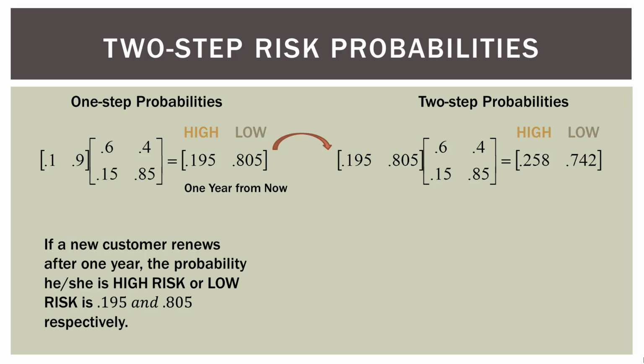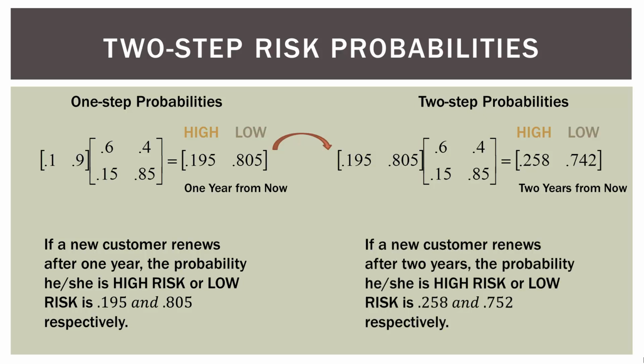So all we did, we took our solution from the one step, we multiplied it or sort of ran it through the transition one more time, and now we have our two-step probability. So if a new customer renews 2 years from now, or after 2 years, the probability that he or she is high risk or low risk is 0.258 and 0.752 respectively.